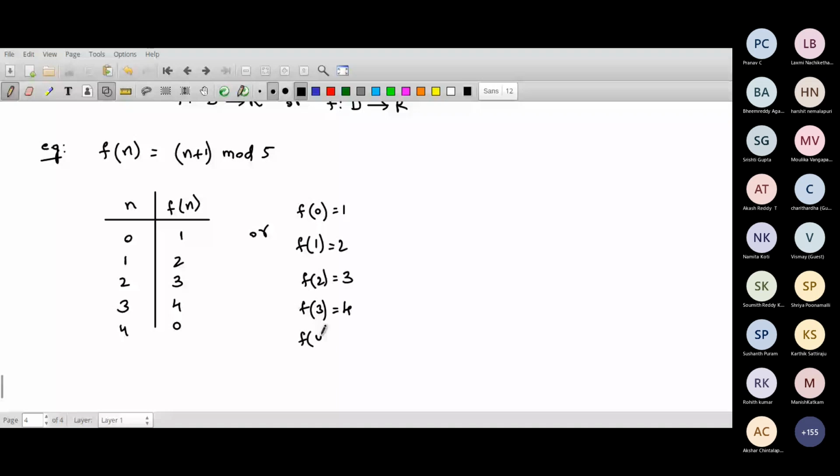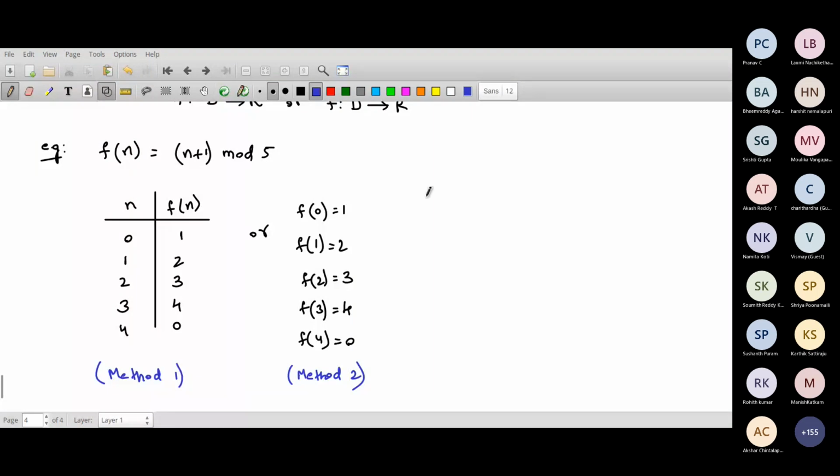So these are two ways of representing a function, two methods. This is one method, this is the second method. We can either represent it as a table, or we can represent individual inputs and outputs as mapping. Like f of a particular input is a particular output, and so on.